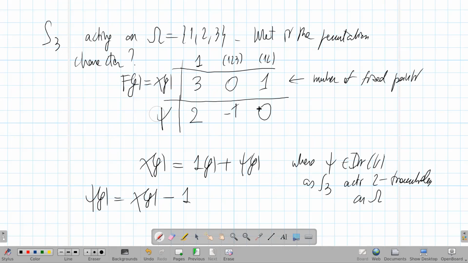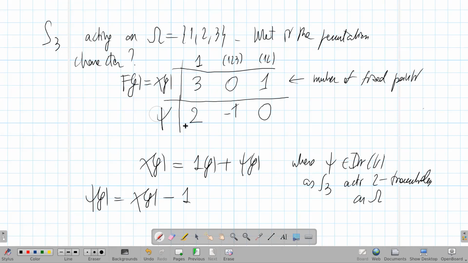And this is the third character, besides the linear characters of S3 that we already knew about. Okay, so this character, we had seen coming out in countless ways, but one of the ways is this.